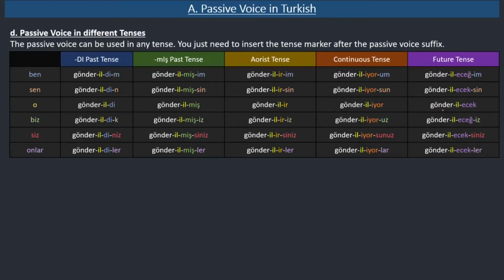It is being sent. It will be sent. Or this part, gönderileceksiniz. Gönder, verb root, verb stem, il, passive, ecek, future, siniz, you, plural or formal. Like you guys will be sent.